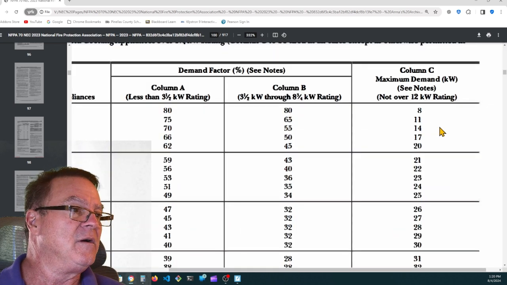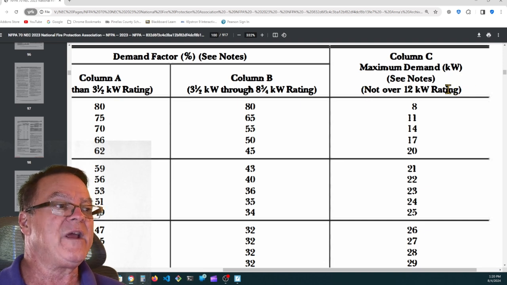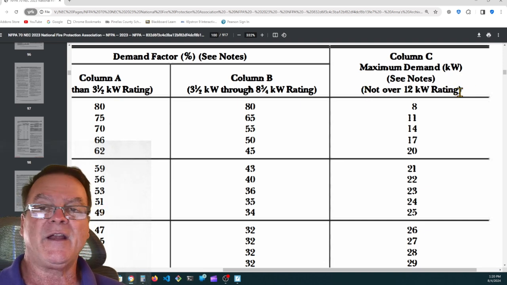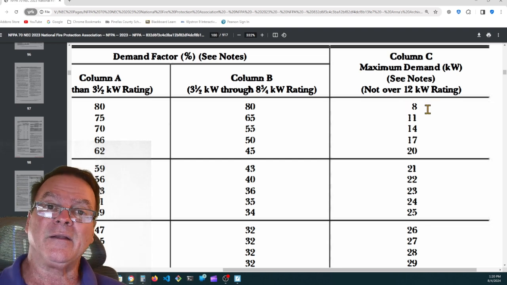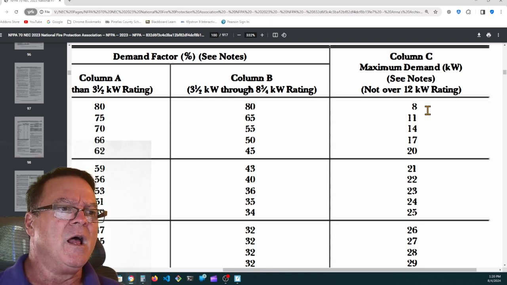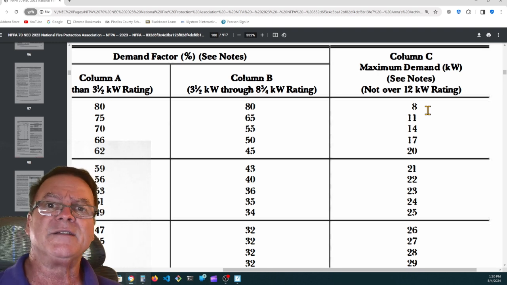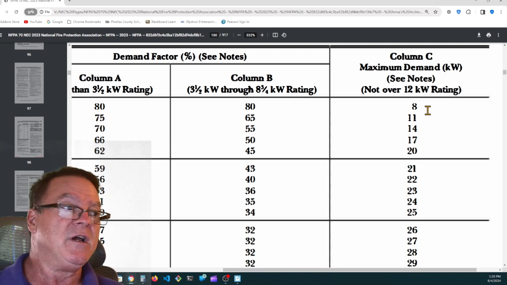Here, I'm going to blow this up. So if you have one range and it's rated at not over 12 kW, 8 kW is all you have to supply at the service. The reason for that is the code making panel, the National Fire Protection Association, the authorities having jurisdiction, they all understand that it's a rare instance when you're going to be using both burners in your oven and all 4 cooktops on the range.